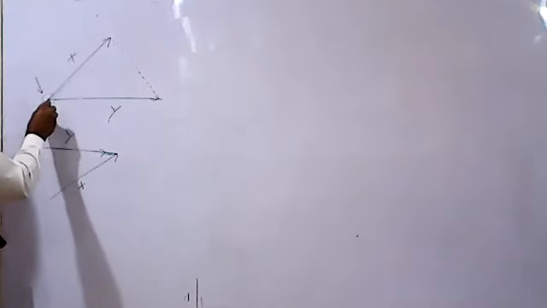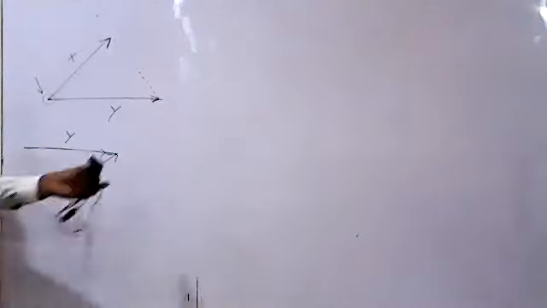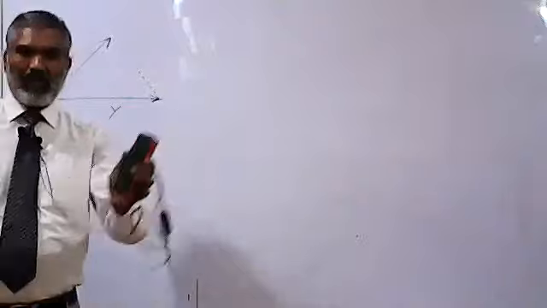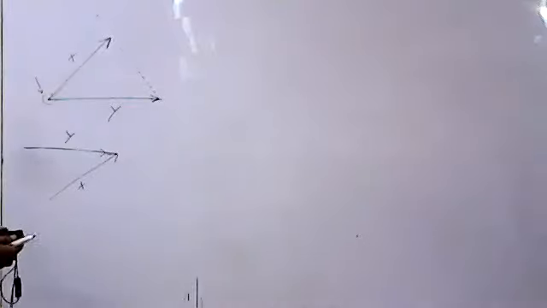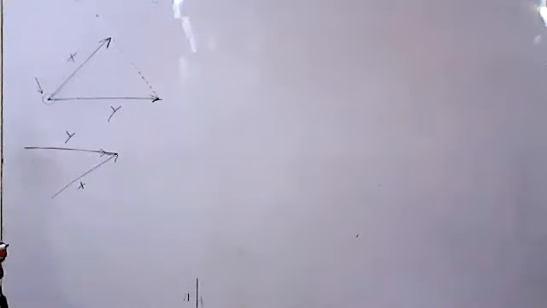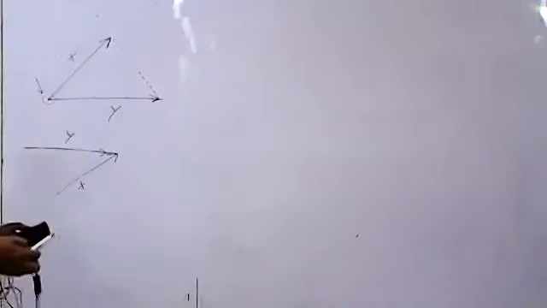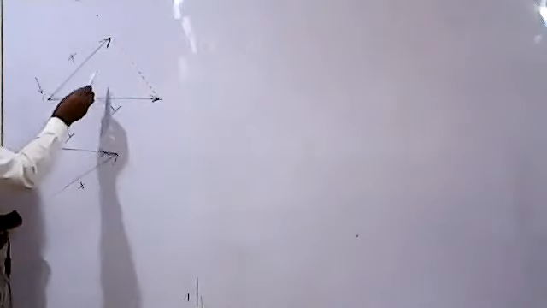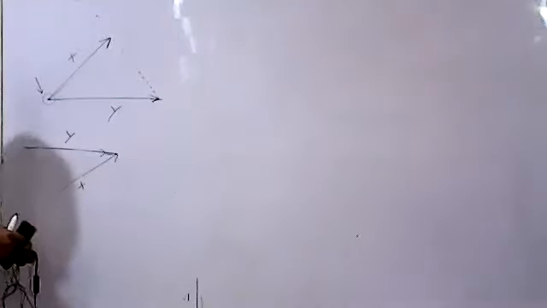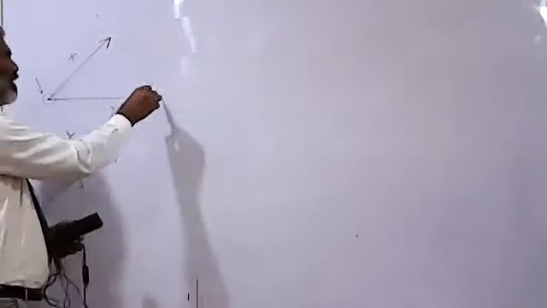These are the tails of two vectors because the heads are free. It's like two things diverging: one is moving in this direction, one is moving in this direction, from one common point. So this common point is where the tails of the two vectors are joined. In this situation, the line joining the heads is not the sum of two vectors, it is the difference of two vectors. It is actually x minus y.